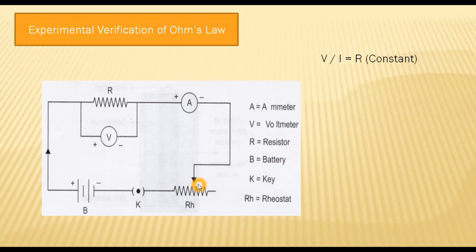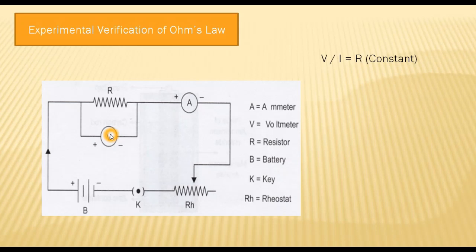And the rheostat is initially so adjusted that a small current passes through the circuit. Now you note the ammeter reading, because the ammeter gives you the reading of current flowing through the conductor. And you also note down the voltmeter reading, which will give you the potential difference across the ends.